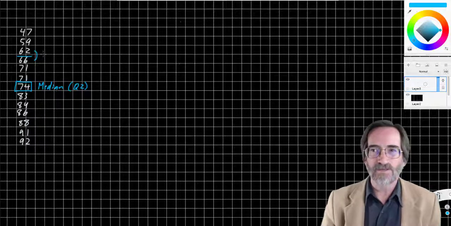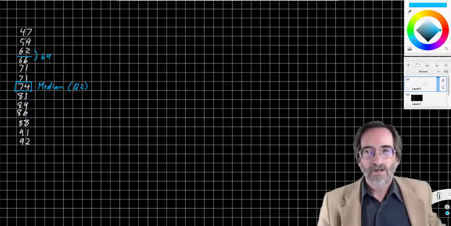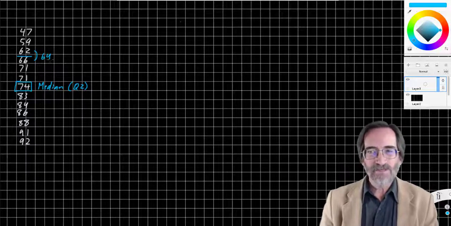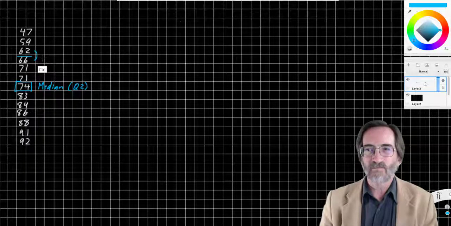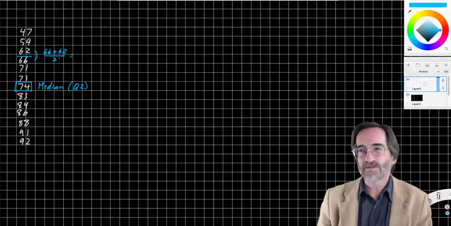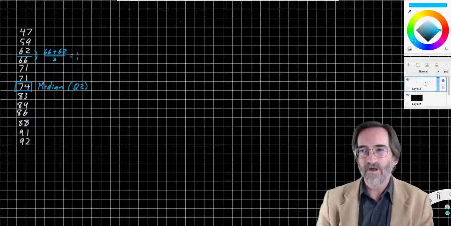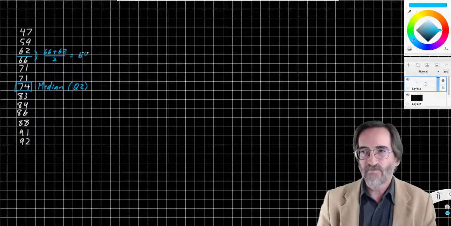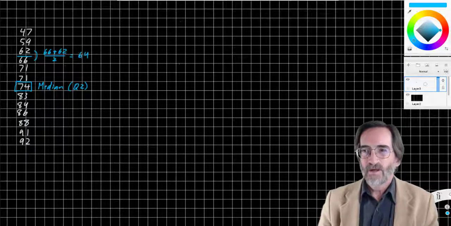Add 2 to 62 to get 64. That's a simple way because 64 is halfway between 62 and 66. But you may also add the two numbers and divide by 2. 66 plus 62 is 128, divided by 2 is 64 again. And 64, we call that the quartile.